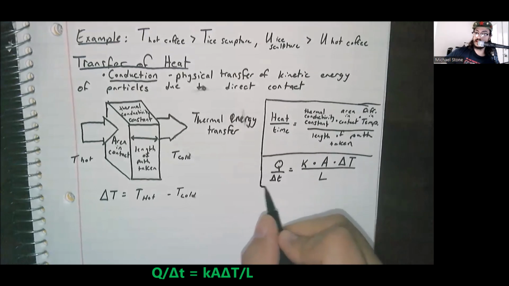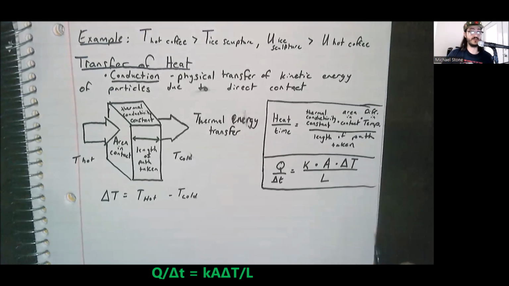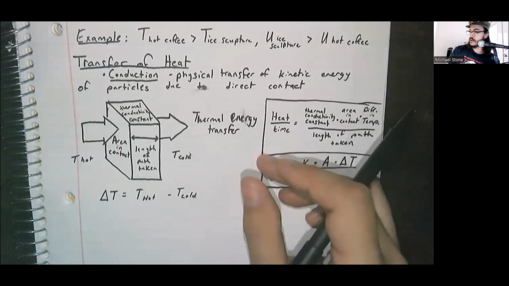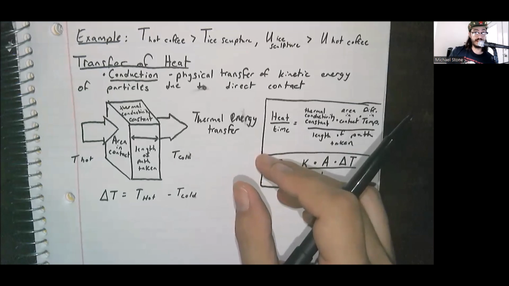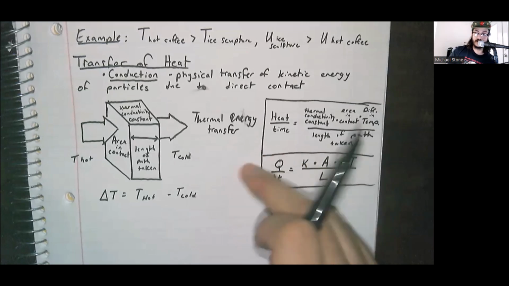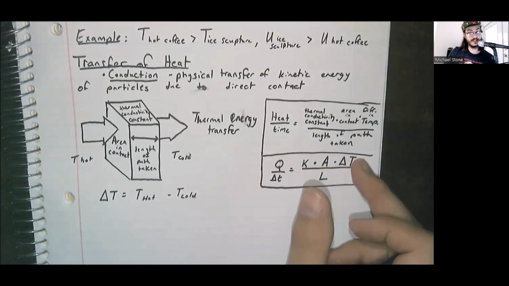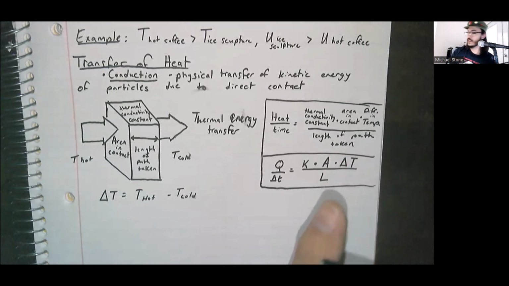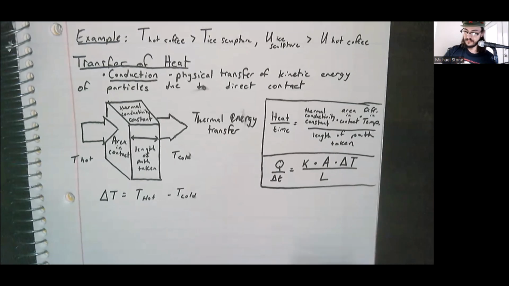Length of path taken in word problems is usually just listed as the thickness of whatever the container is. But if we tried to use T for thickness, T for time, T for temperature, let's just use L for length, and it'll be a lot less confusing.